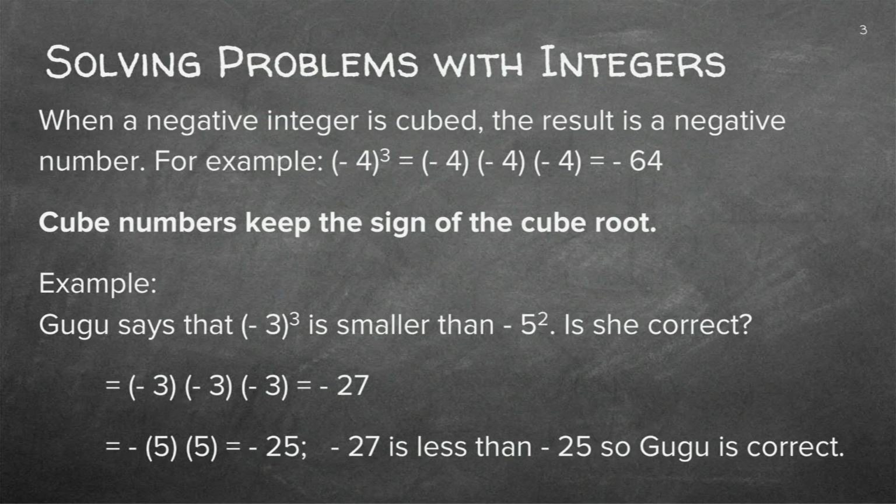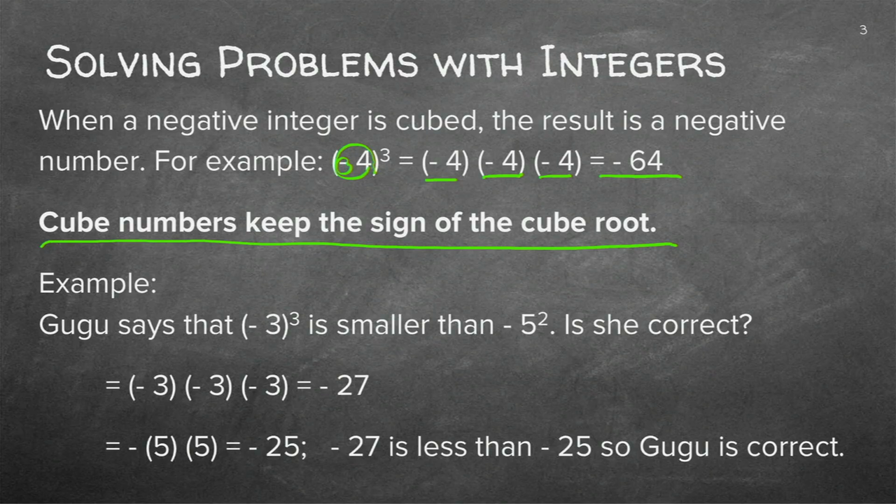So here we've got a minus 4 times a minus 4, which will give us a positive, but then a positive times a negative will give us a negative. So cube numbers keep the sign of the cube root. So if that is a minus, your answer will also be a minus.